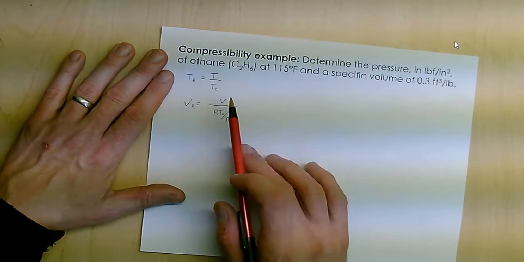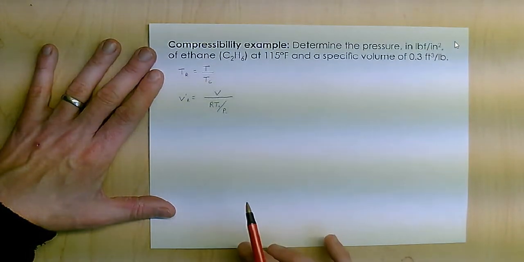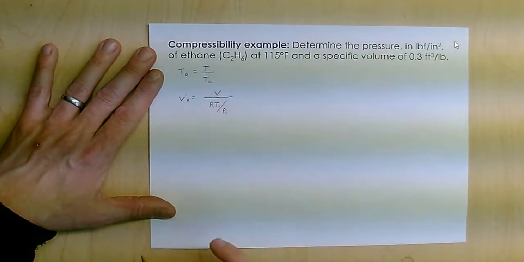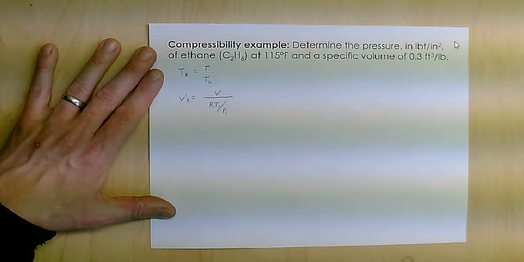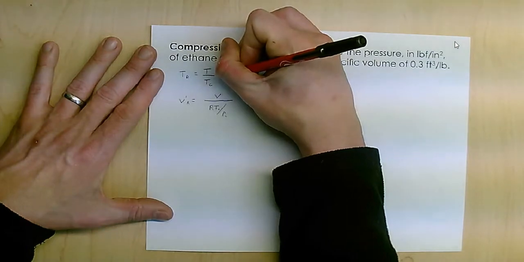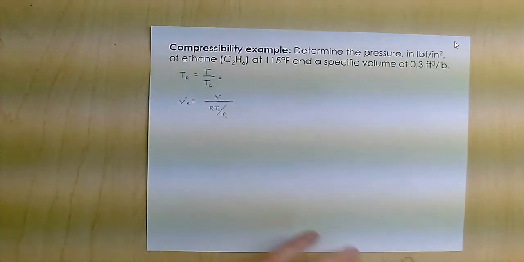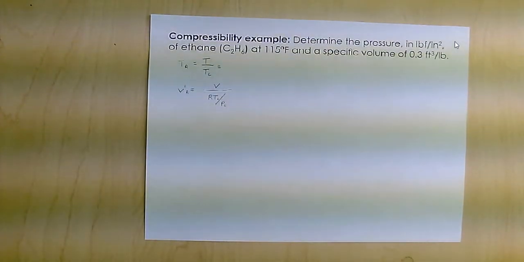Now, we've got to look up a few things. For ethane, we need to look up the critical temperature, critical pressure, as well as the molecular weight, because we need to get R instead of R bar. So let's start with the temperature.